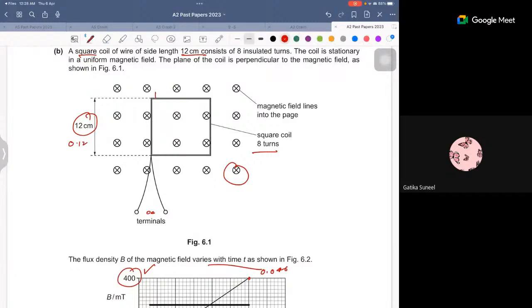So you have the index finger towards the screen, down, you will have the middle finger, and your thumb will give the force here. So the current is going like this, right? It's going towards the terminals, right? So it has to be upwards, and then it will be like this. So it will just go like this. Okay, sir, got it.